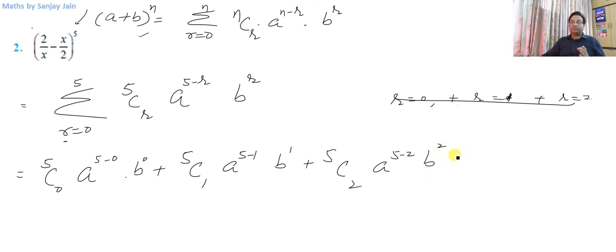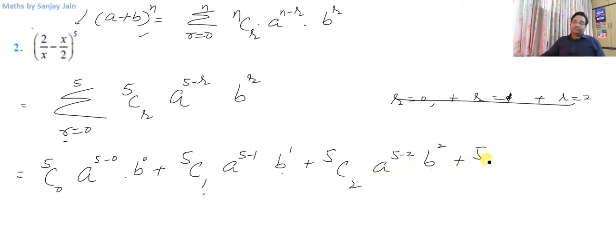You should be comfortable in every way. Otherwise, in the previous questions, what we have been doing is, when I wrote 5C1, I raised b with 1, 5C2, I raised b with second power, and then gave the rest of the powers to a.